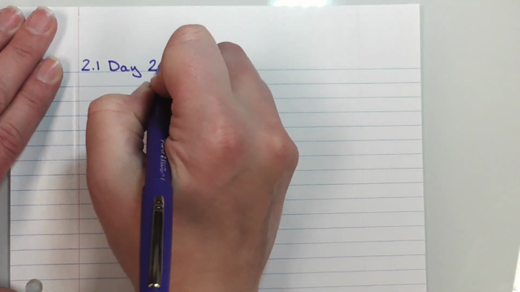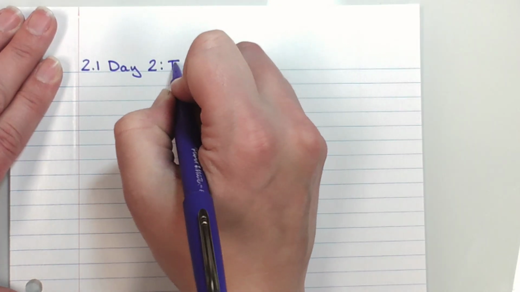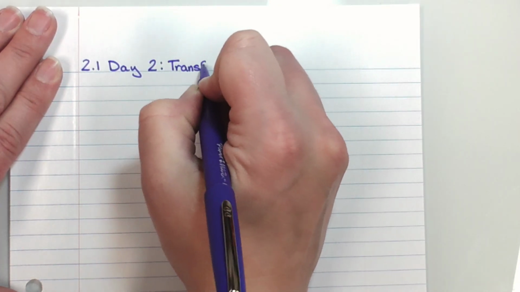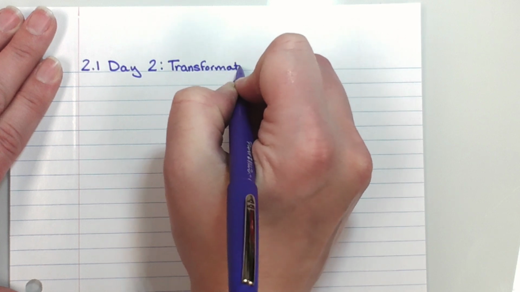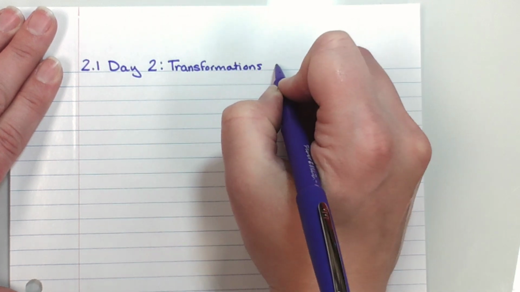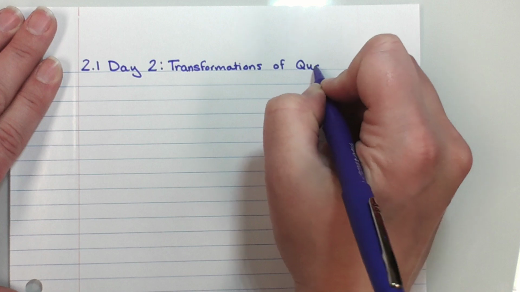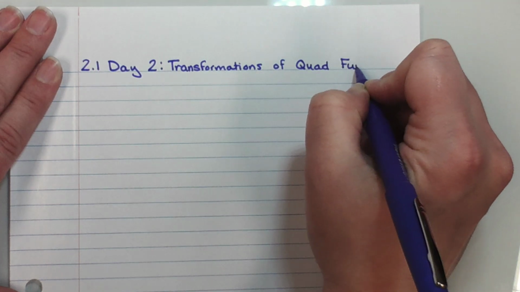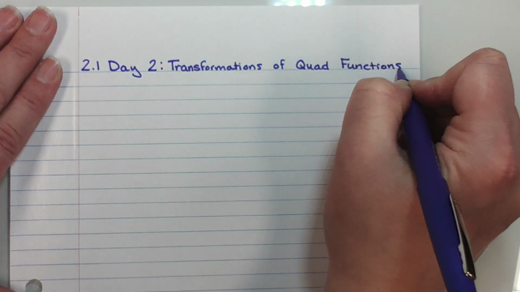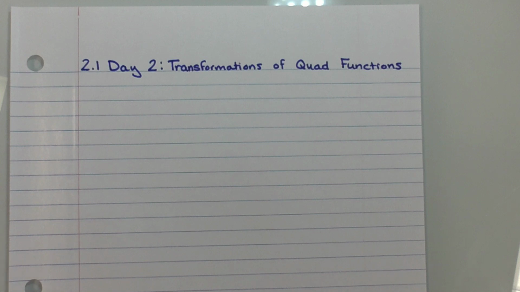Continuing with 2.1. But yesterday, when we were working with our transformations of quadratic functions, we were working with the situation where I gave you the graph and said, tell me what's happening.